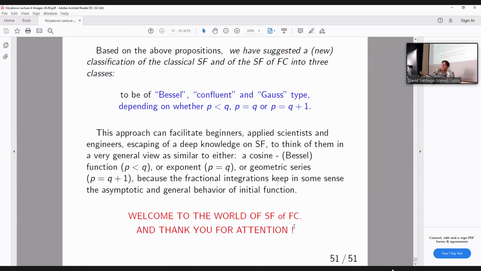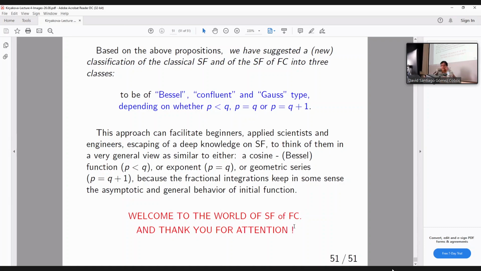So, based on this, we can suggest the following classification of the classical special functions and also the special functions of fractional calculus. They are either Bessel or cosine type, of confluent type, if P is equal to Q, or of Gauss or geometric type when P is equal to Q plus 1. And this can be just an easy view for beginners, applied scientists, engineers.